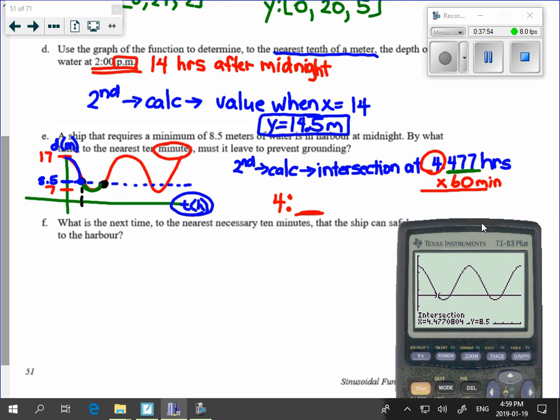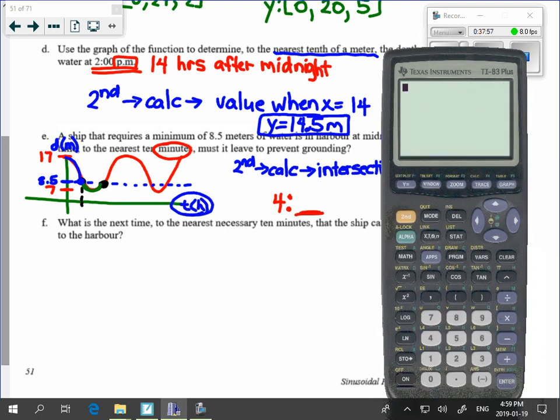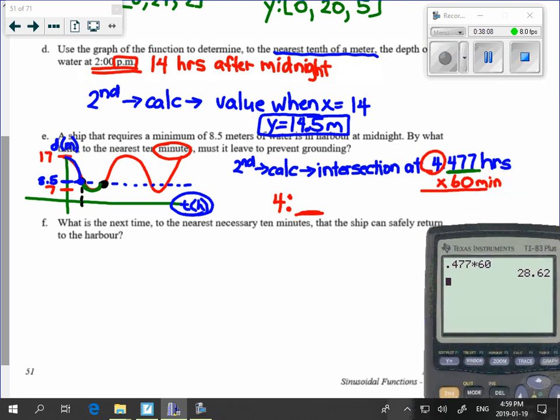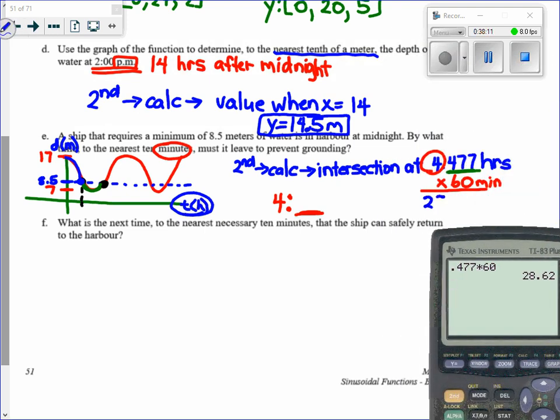So 0.477 times 60 is 28.62 minutes, okay? 28.62 minutes. Okay, so this is 4 hours, and this part, 28.62 minutes.